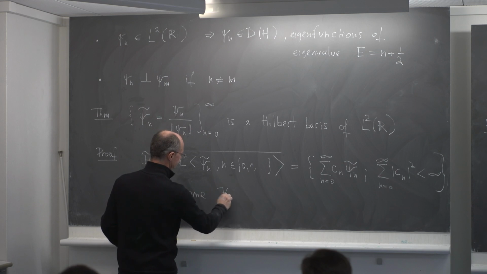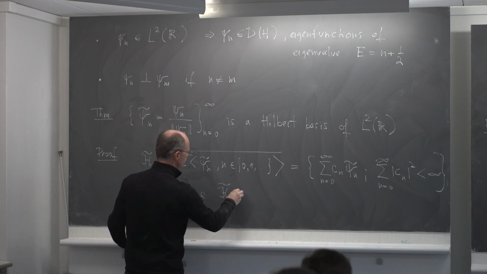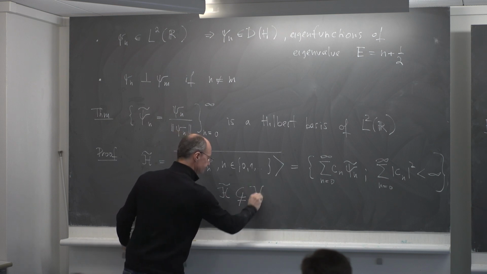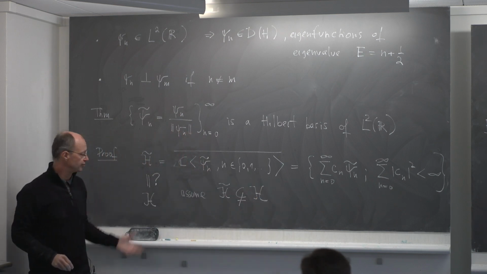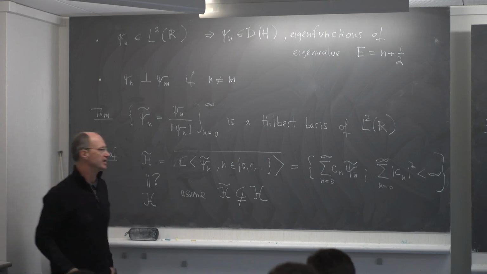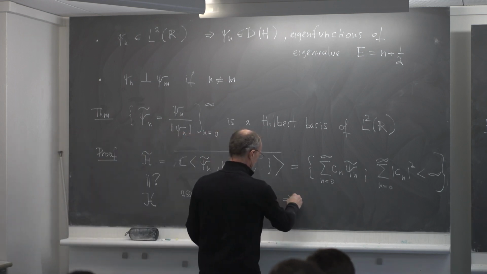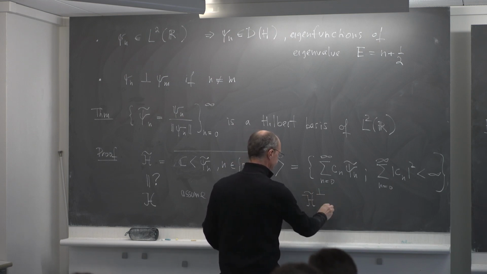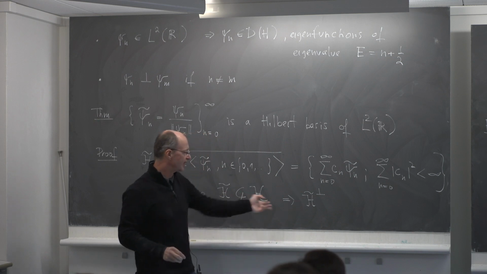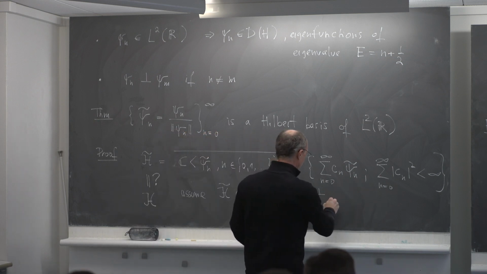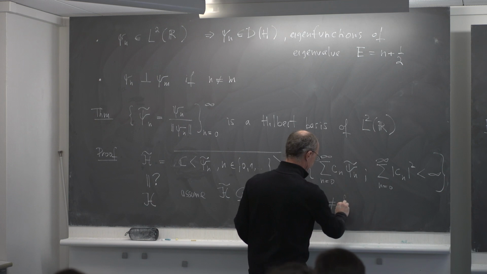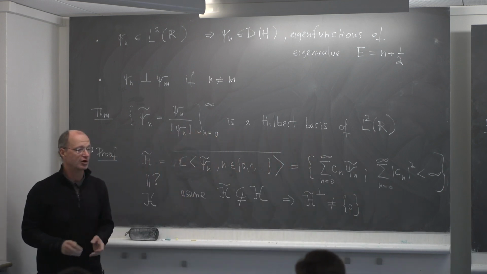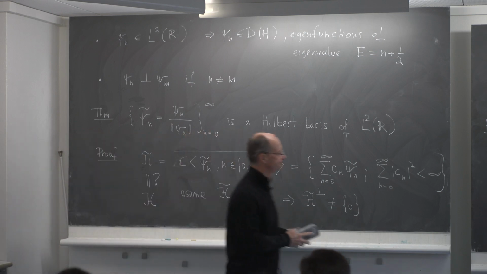So let's assume H tilde is a proper subspace of H. So there is something else inside H. H tilde is closed. So this would mean that the orthogonal subspace is non-zero. So there are some vectors which are orthogonal to everything.